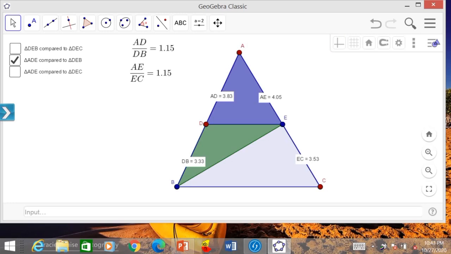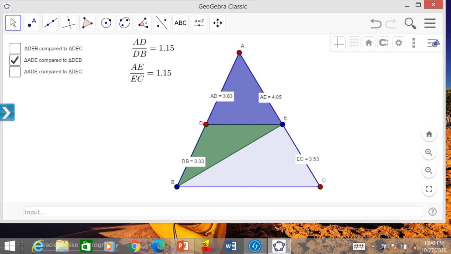Now look at these two triangles, triangle ADE and triangle DEB. If you want to compare the areas of two triangles, you have to compare the area of triangle ADE and the area of triangle DBE to prove Thales theorem.